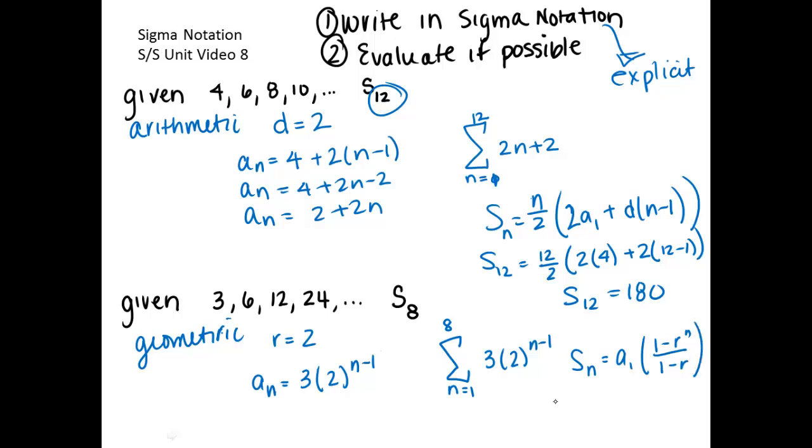So let's substitute everything in. That's going to be s sub 8 will equal the first term, 1 minus 2 to the 8th power, all over 1 minus 2. Go ahead and take a moment to try to find that in the calculator. And I found the sum of the first 8 terms to be 765.